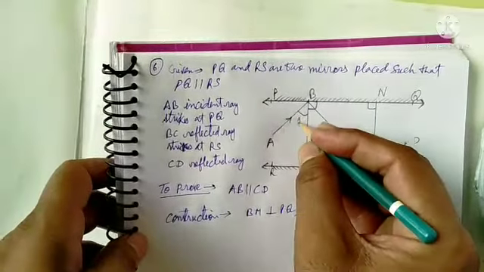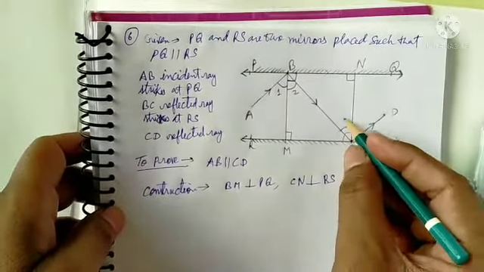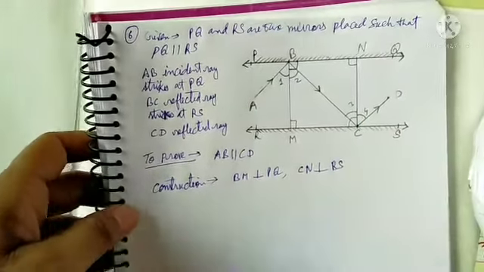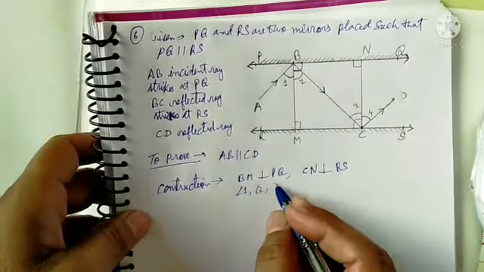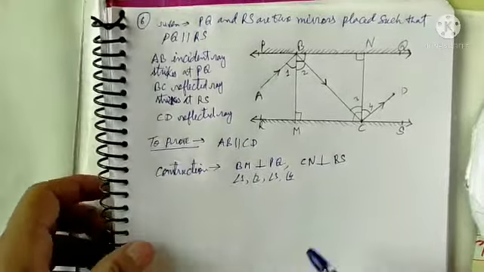Let this be angle 1, this construction is angle 2, here this is angle 3, and this construction is angle 4. Angles 1, 2, 3 and 4. Now we'll solve this question in detail.